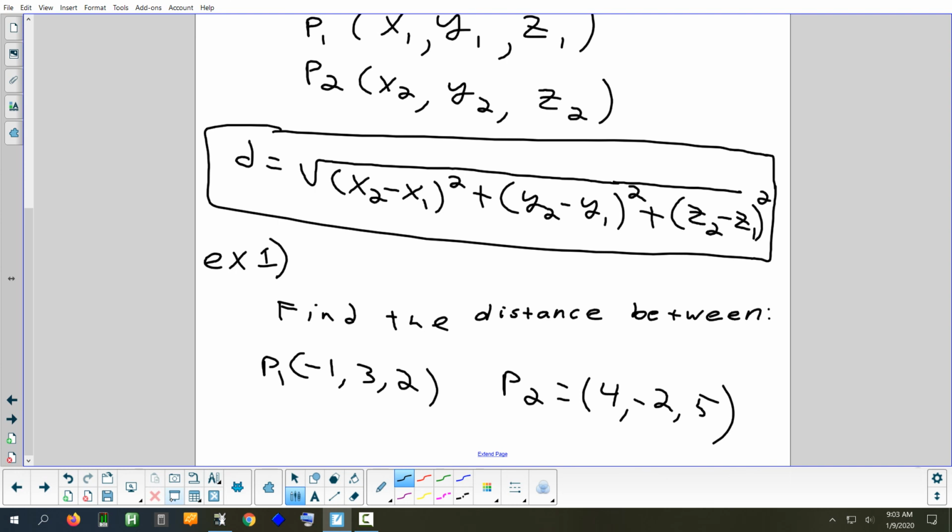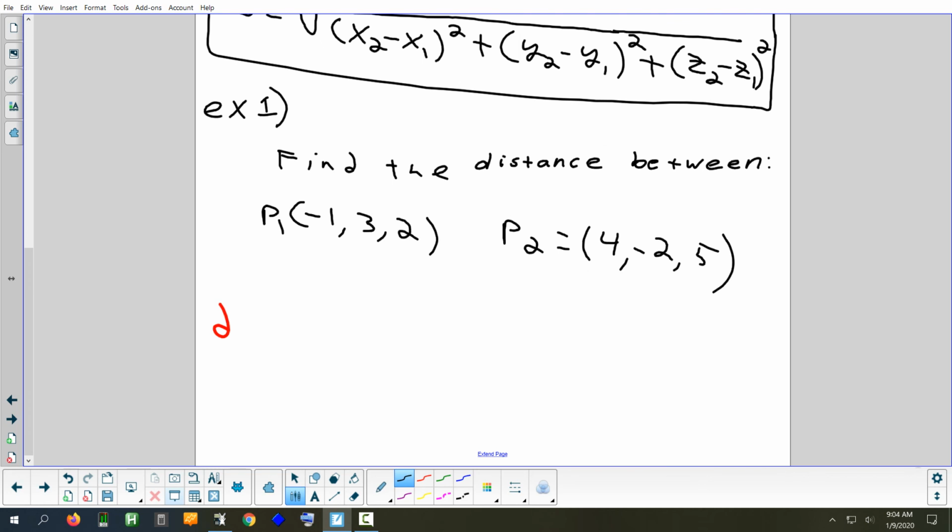So this is the only calculation we're going to do today that specifically isn't really about a vector. These are just two dots, and you're just figuring out how far apart they are, right? But it's an easy formula. It's just kind of an easy way to start to get into 3D. That's why we're doing it.